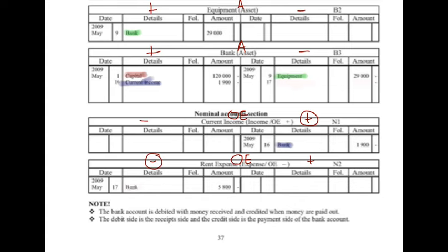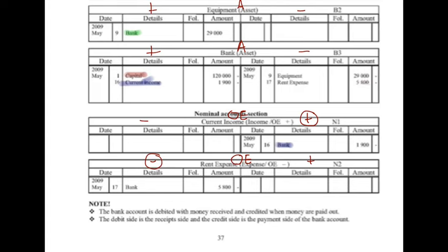So I write that in the details column. I now need to take this to my bank account, so I'm going to show it in bank as well. If it's a debit in rent expense, there needs to be a credit in bank, saying that it comes from rent expense.